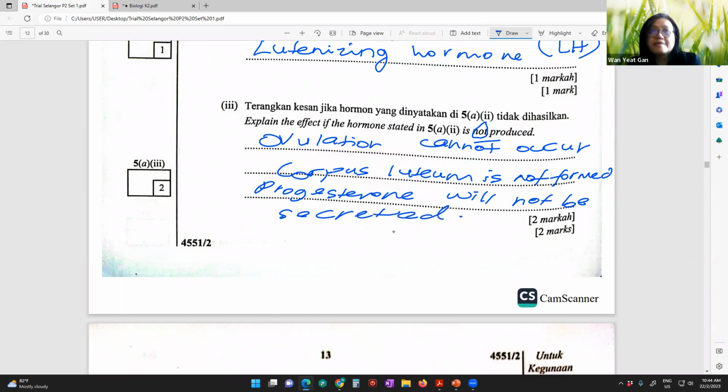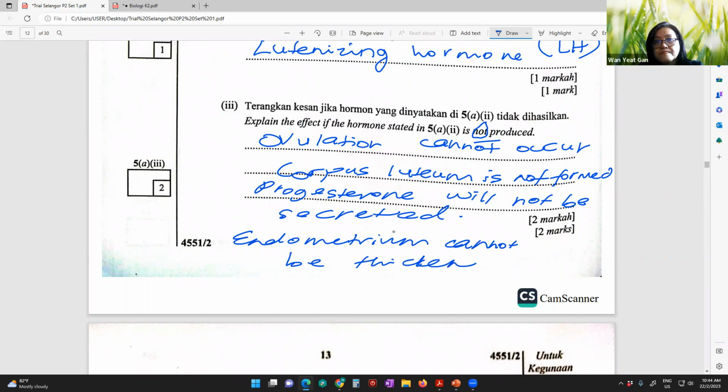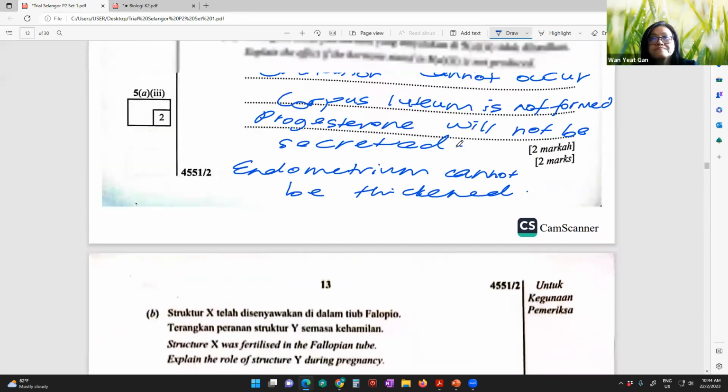When there is no progesterone, the endometrium wall also cannot be thickened. Okay, so that is the answer.